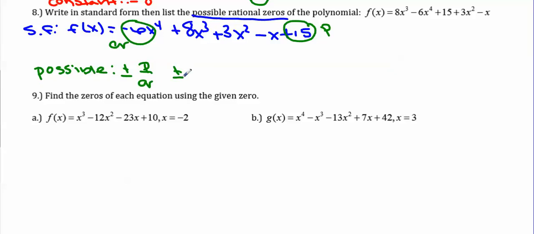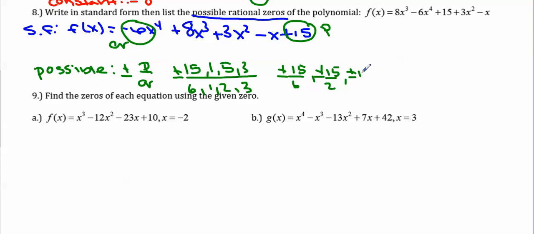So that results in plus or minus my factors of 15. 15 times 1, 5 times 3 over 6 times 1, 2 times 3. So all my possibilities, I'm going to take 15 and divide it by everything. So I have 15 over 6, plus or minus 15 over 2.